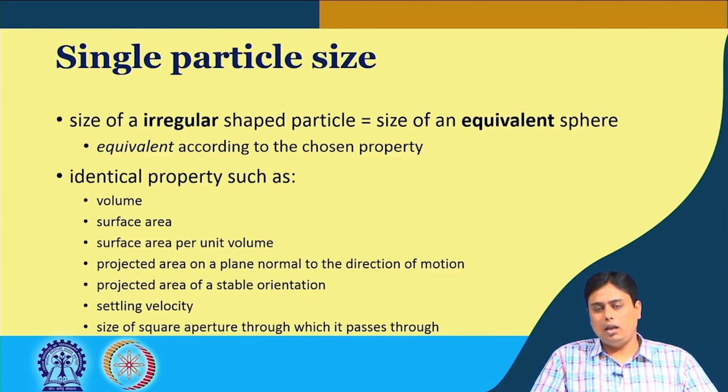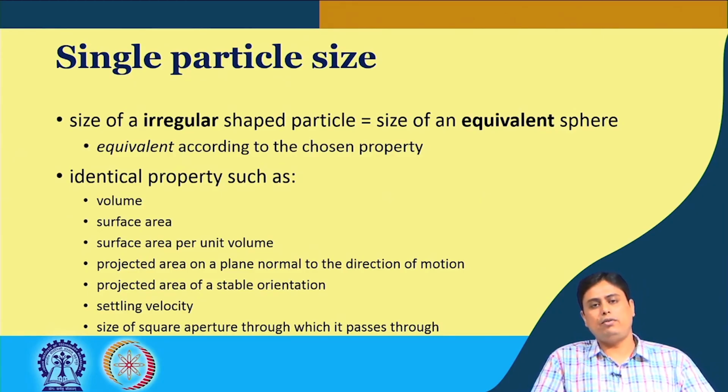But if you can get the projected area on a plane normal to the direction of its motion and equate that area with the area of a sphere and then calculate the diameter of the sphere, you can get another size of the same particle.